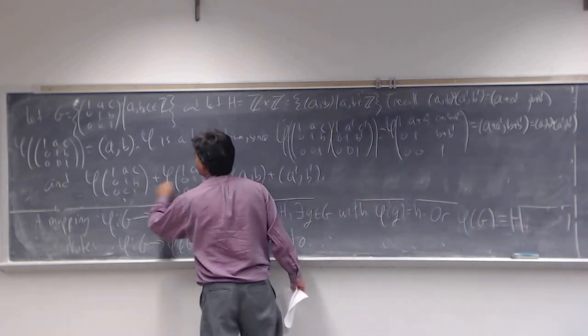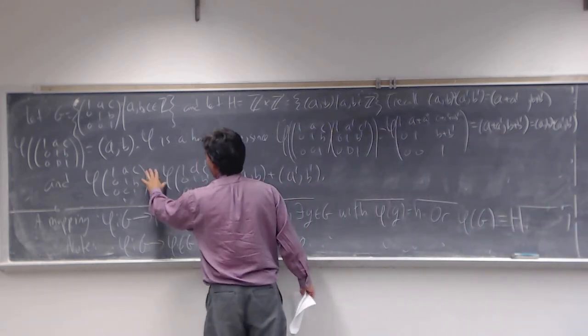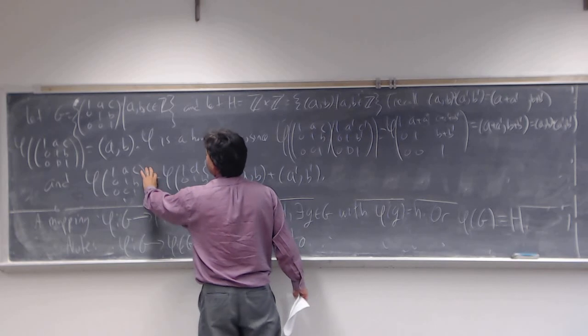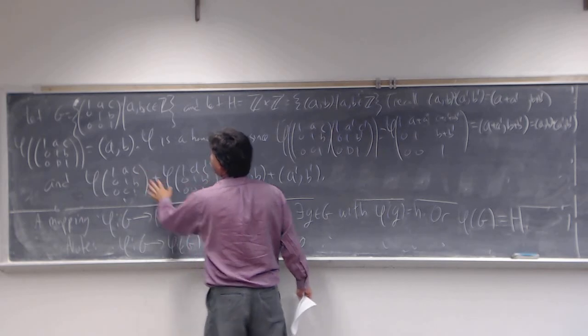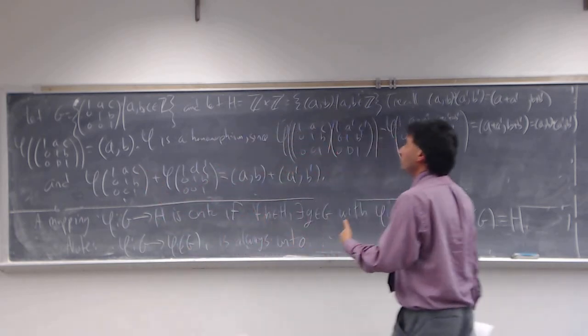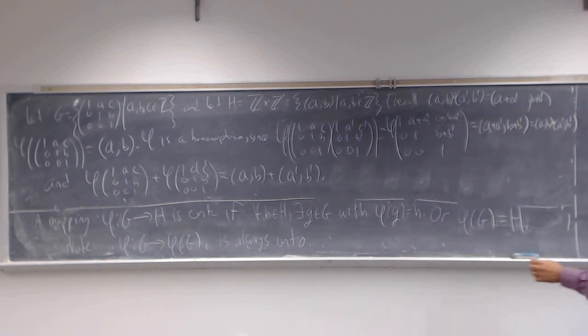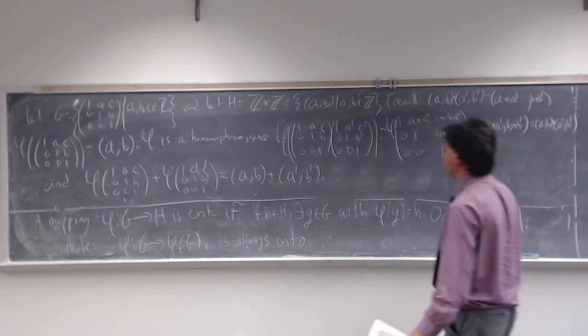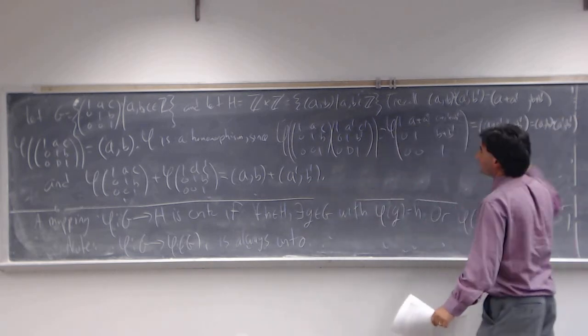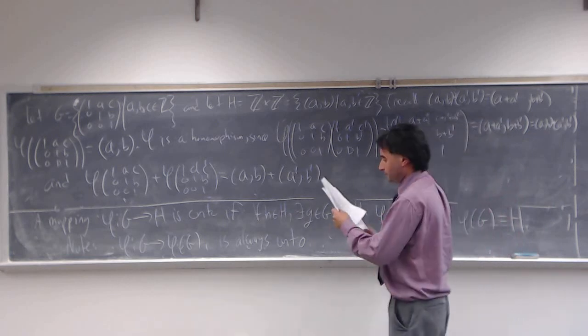Stick into the function separately and then multiply. Multiply loosely, in this case, is addition, because that is the group operation in the integers. In some sense, the group multiplication, if you will, of the integers is addition. And they both are equal. That is that. So we have a homomorphism.